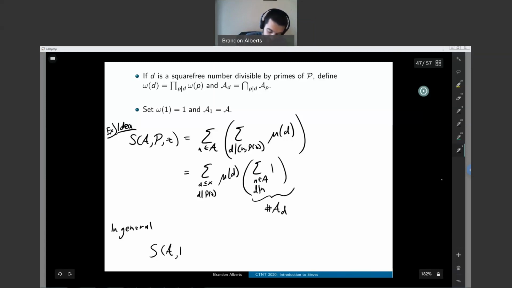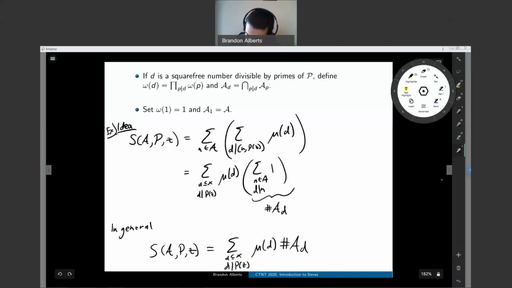In general, the number of elements remaining after z steps in this generalized sieve can be computed as an inclusion-exclusion of the sizes of these bad sets.